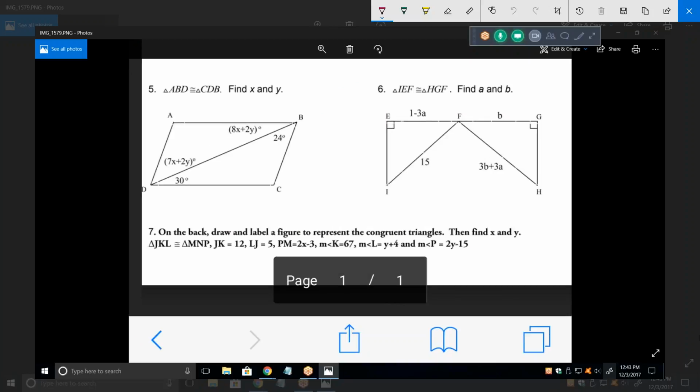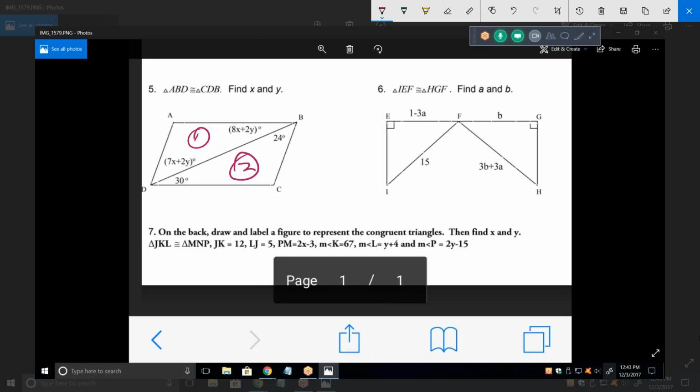All right, now in this case, they say that triangle 1 is congruent to triangle 2, but you kind of have to make sure you get the right angles. When you have two triangles that are congruent to one another, it means their angles are equal, all three of them.